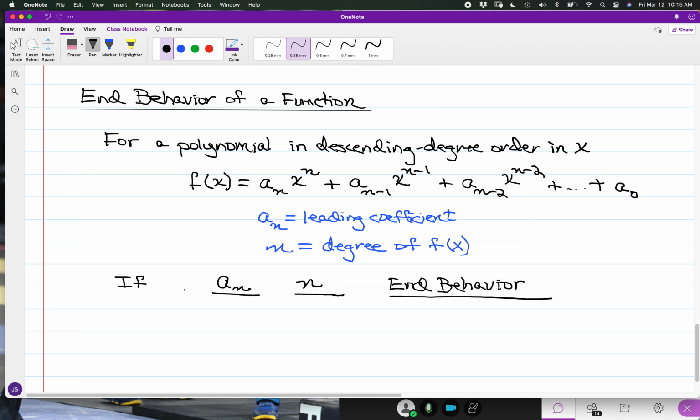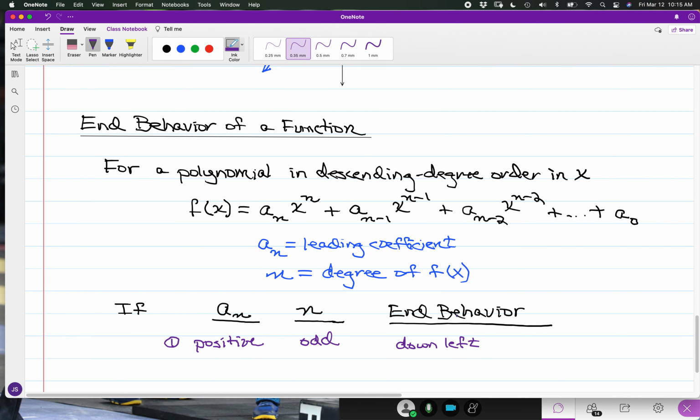Say we have, first of all, that a of n, the leading coefficient, is positive, and the degree to which x is raised, n, is an odd value. The end behavior here is going to be, in the terminology, falls to the left, rises to the right. In shorter terminology, you have down to the left and up to the right.